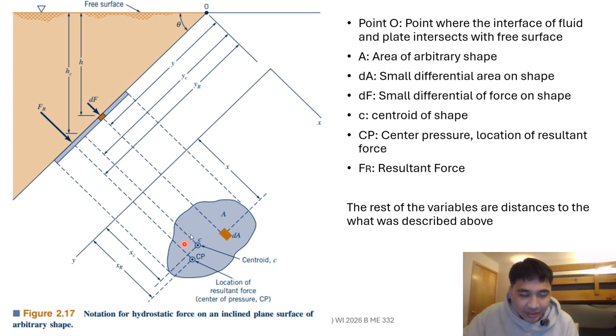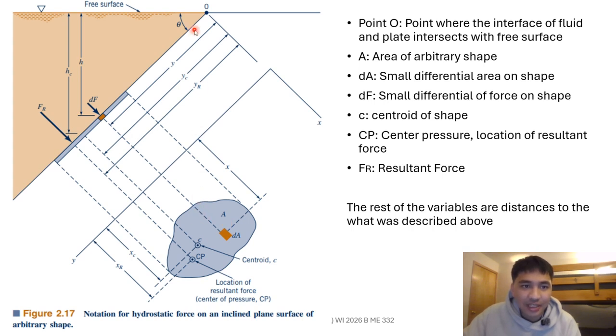You can look into the textbook. They use a lot of integrals and parallel axis theorems for this, so it accounts for any shape that you happen to make for your submerged piece of material. Okay, so here's a submerged plate. Looking into it is this view here.